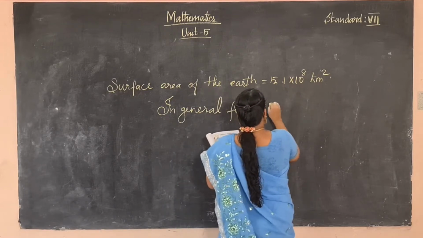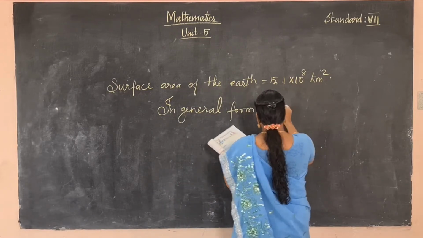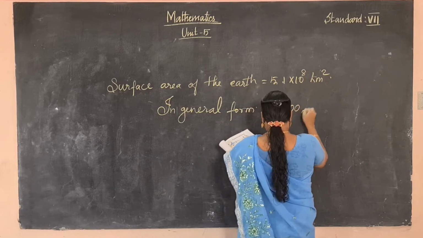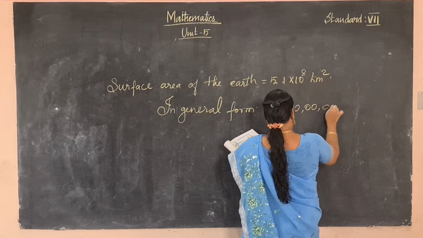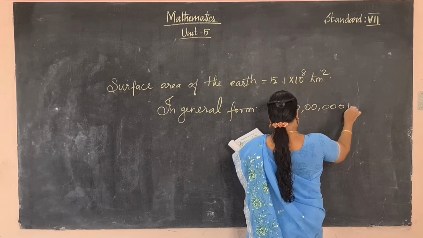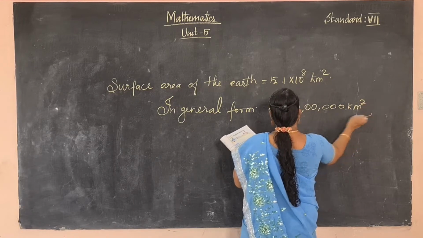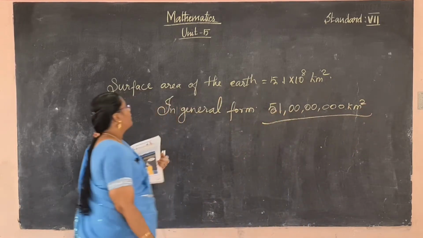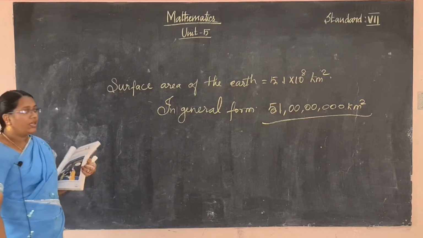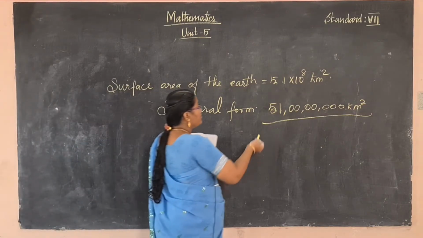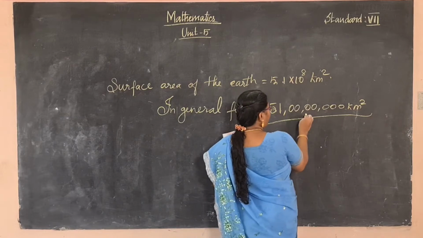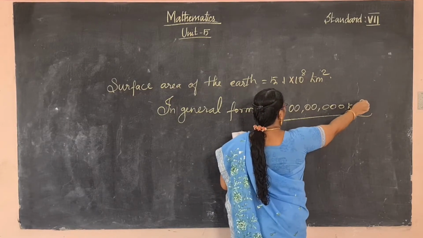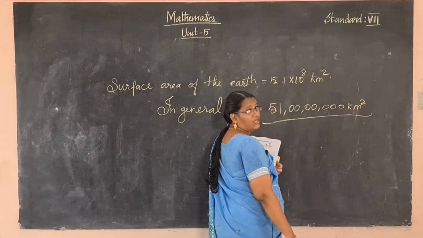How can you write this one? 51 crore. This is the original form of the surface area of the earth. Okay, so you have read this as 51 crore kilometer square, is it?